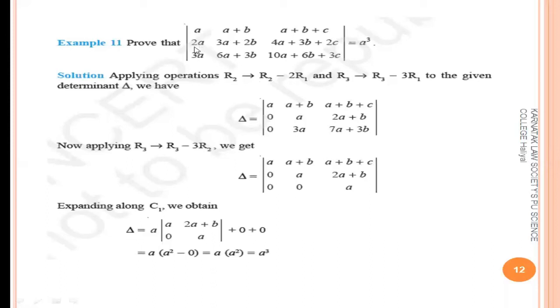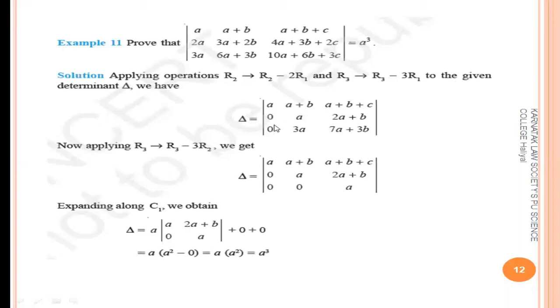If you subtract the first row multiplied by 2, 2A minus 2A becomes 0. In the first column we have A, 2A, 3A, and we will make the other 2 elements 0 with the help of A. For the third row, 3A is there, so 3A minus 3 into A, that is R1, also becomes 0.